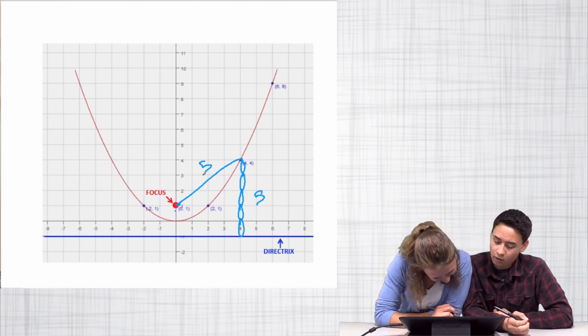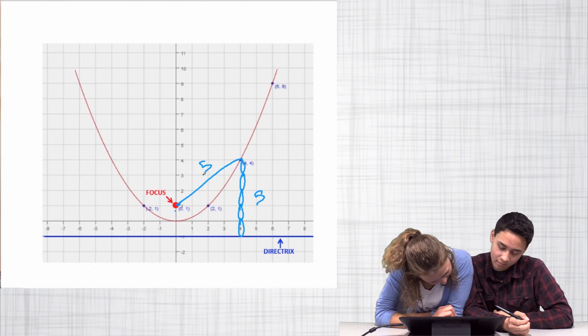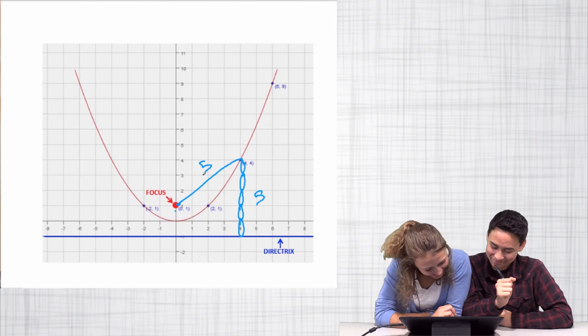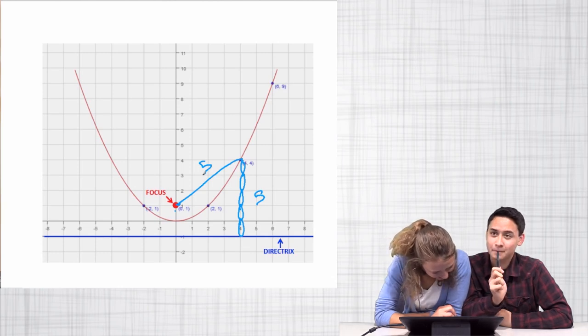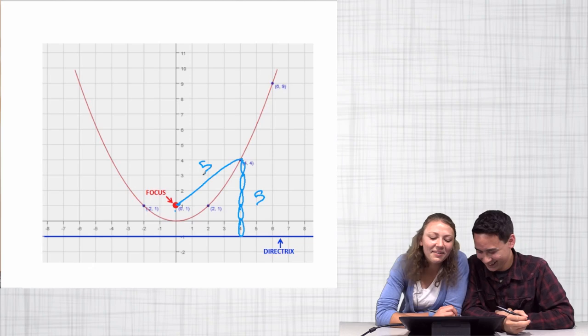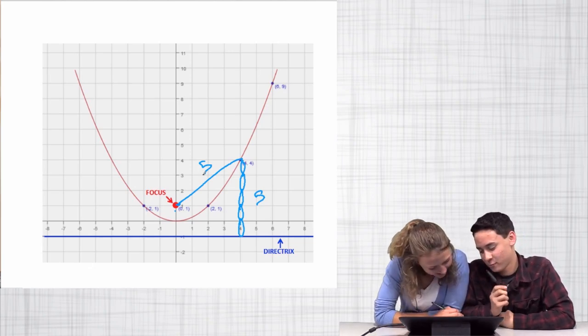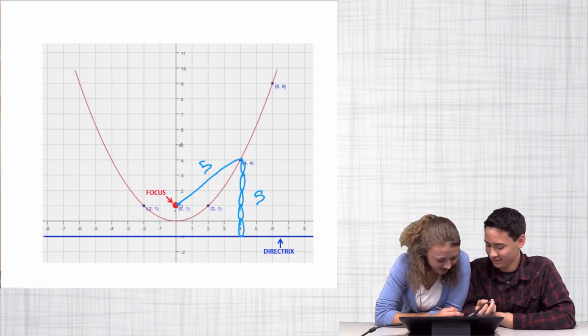I don't know. It doesn't look like it, but it should. That's your task. You have a ruler. I'm going to measure it. Well, we don't need a ruler if we have this stuff right here.